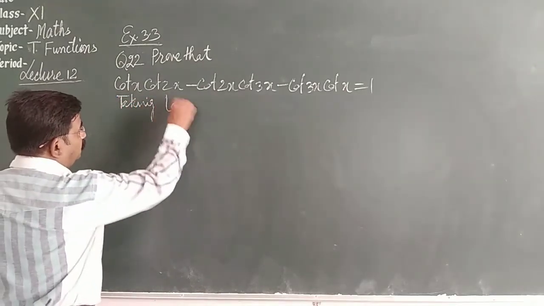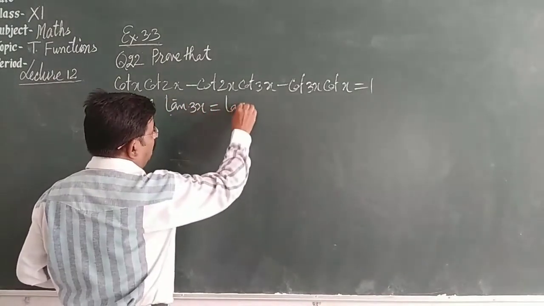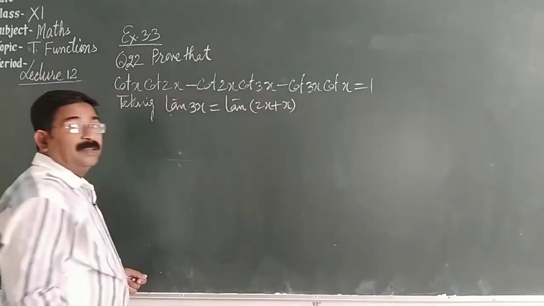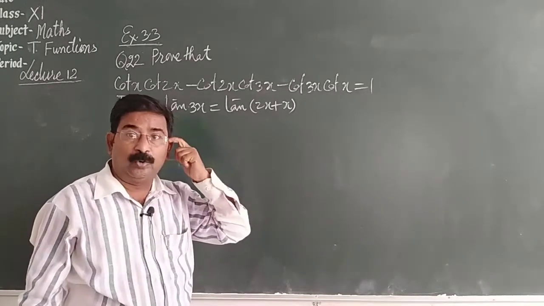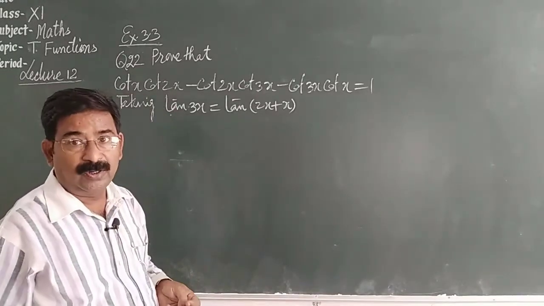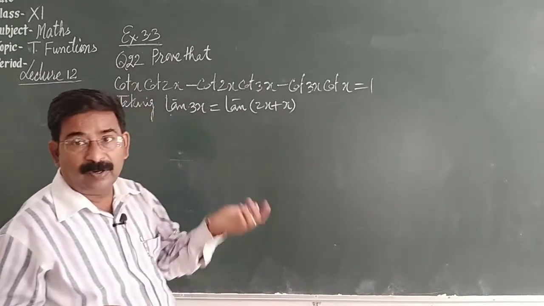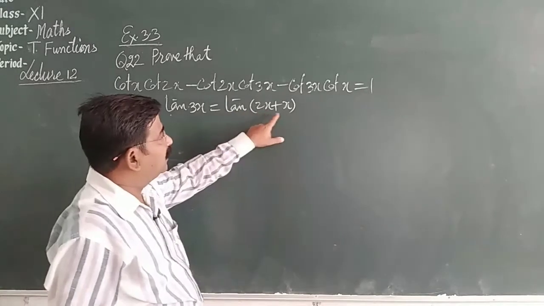Taking tan 3x is equal to tan (2x plus x). I am taking tan because it is easy to convert tan into cot. Finally, we will solve this question in tan and we will convert into cot. So tan 3x can be taken as tan (2x plus x).